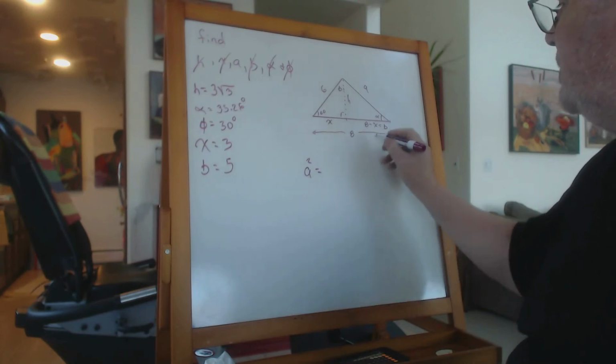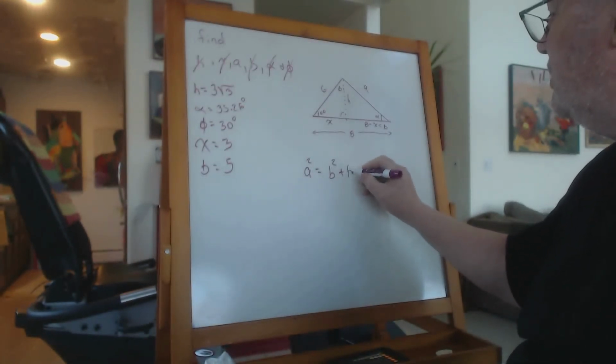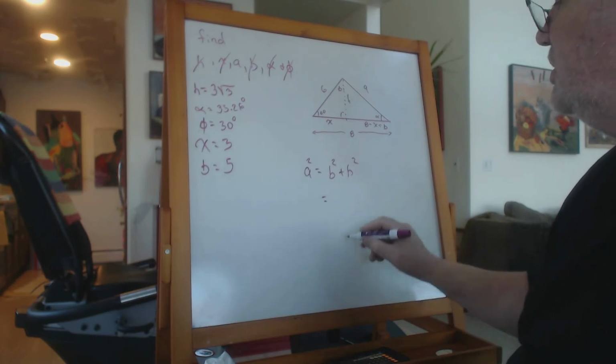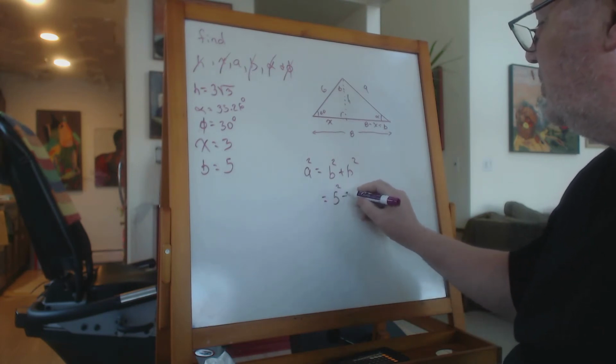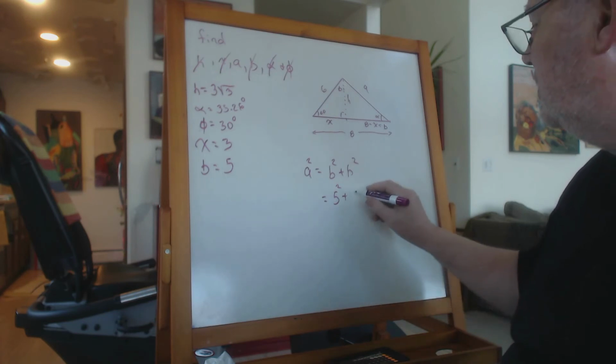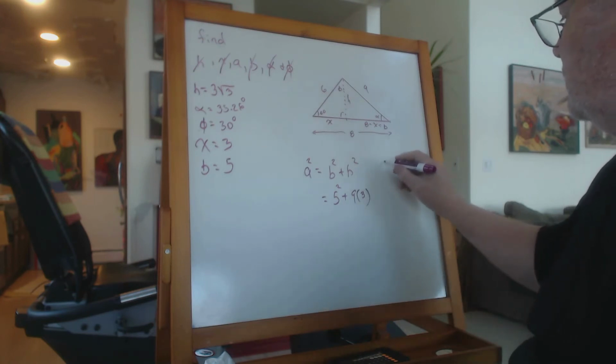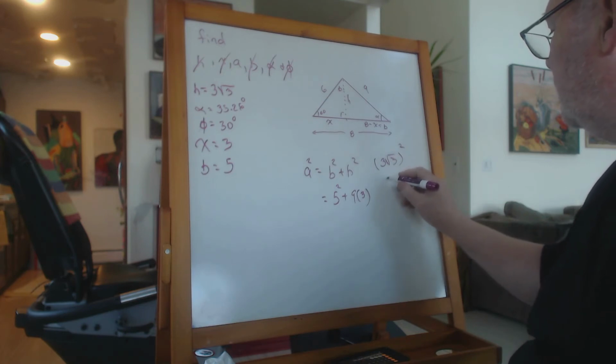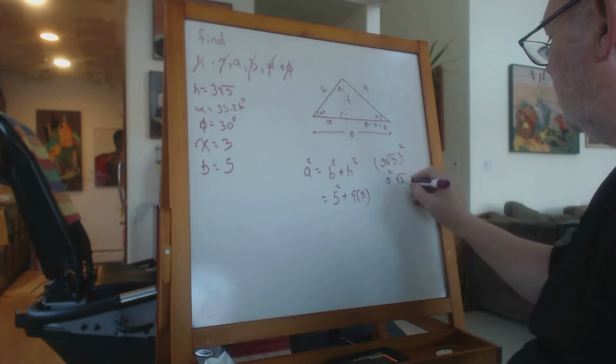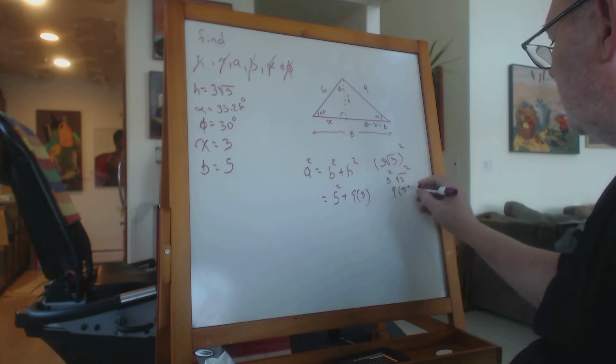The only one we don't have is a, and again we can use the Pythagorean Theorem. And we got a squared equals b squared plus h squared equals 5 squared plus, what's h? 3 times square root of 3 squared is equal to 3 squared times square root of 3 squared, which is 9 times 3.